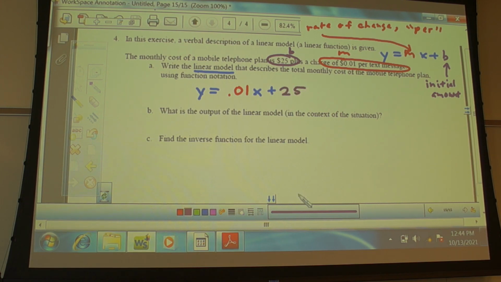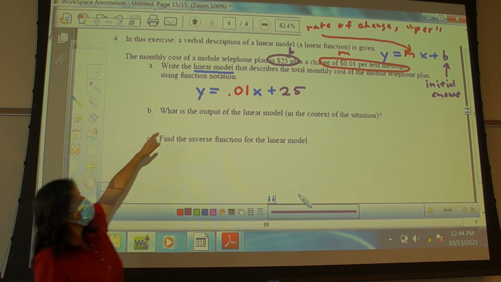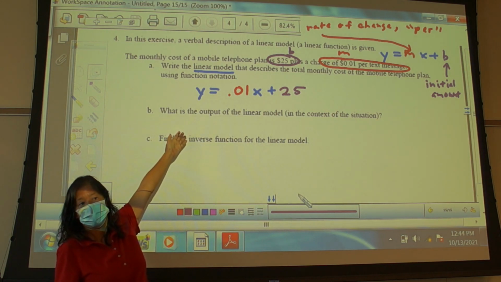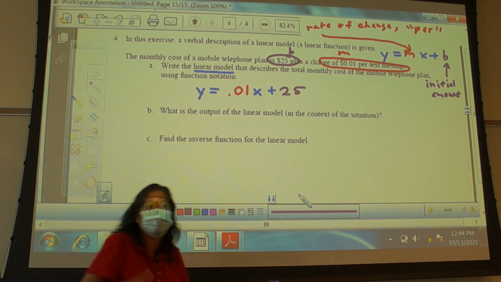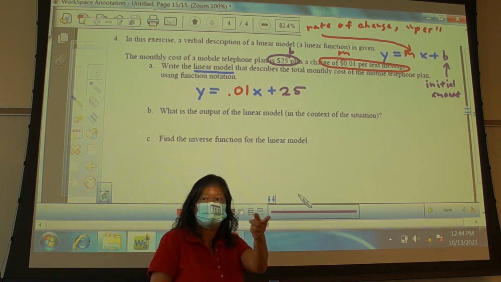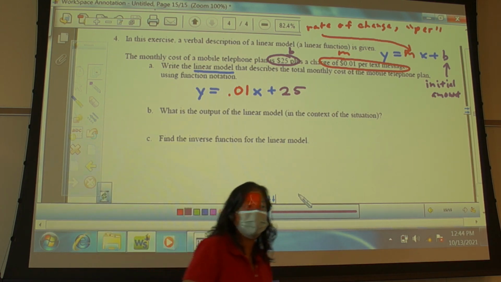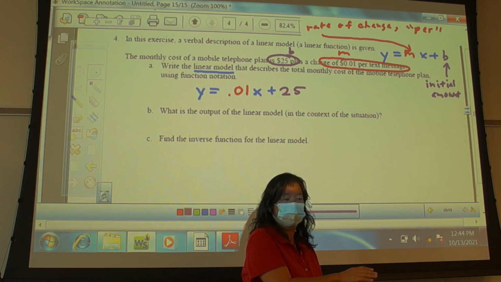Good. So what's the output? Output is my x and my y, which one? Which one's the input? X. My output is my y.